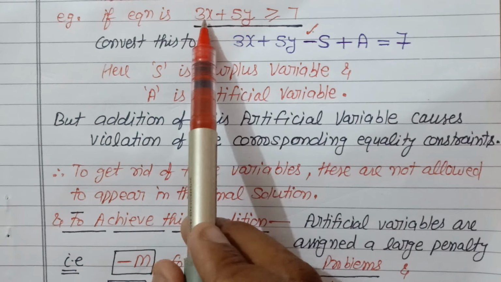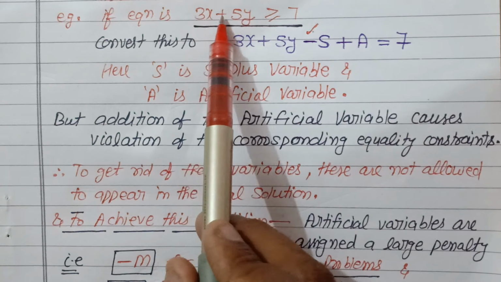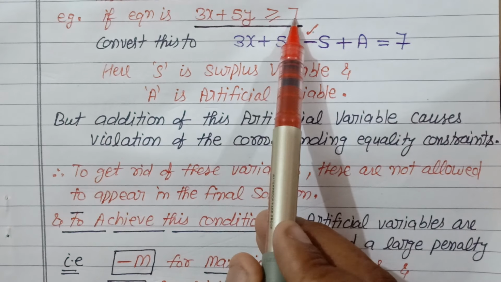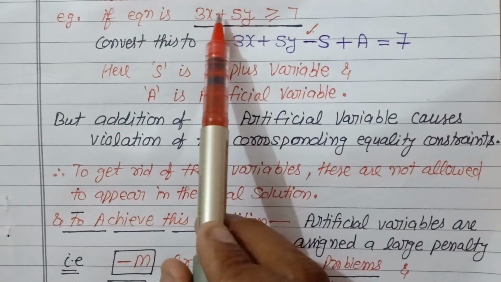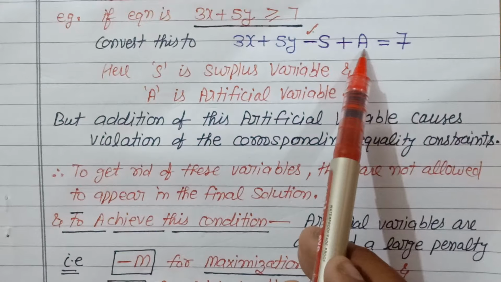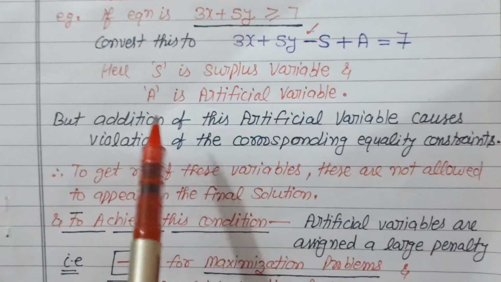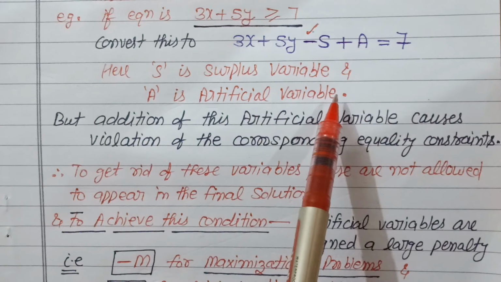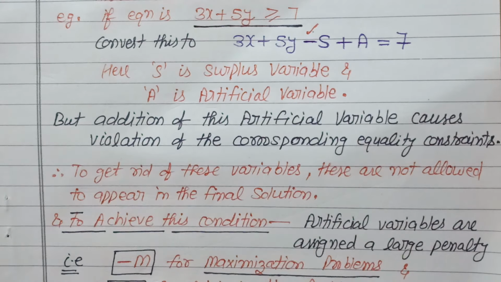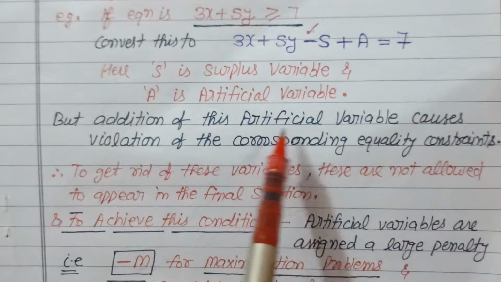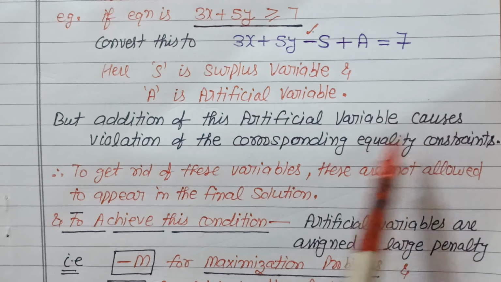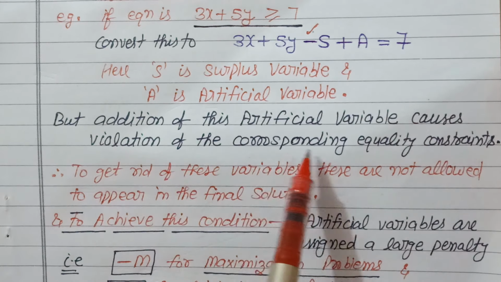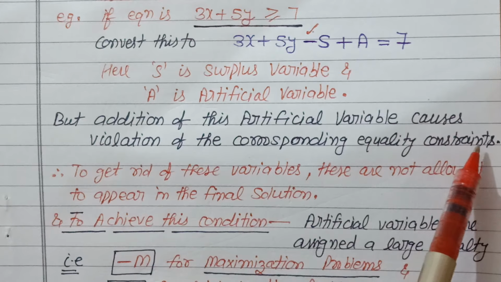If this equation is of 3x plus 5y equal to 7 type, then we only have to add this artificial variable. Here s is called the surplus variable and a is called the artificial variable.